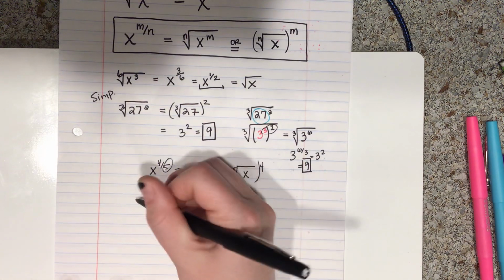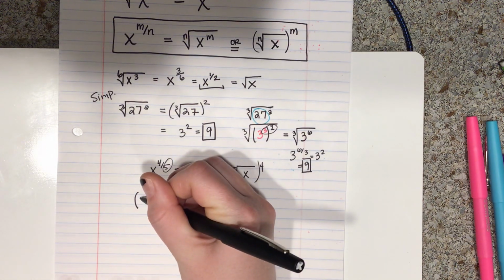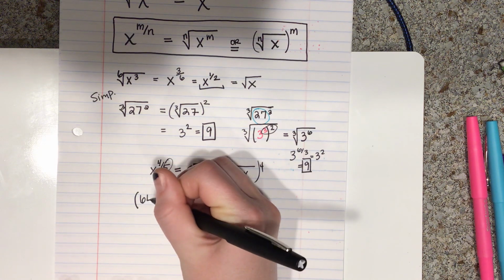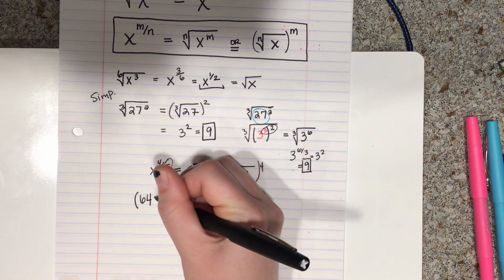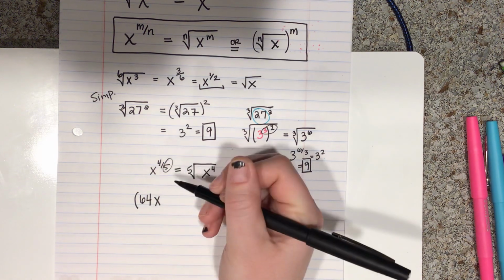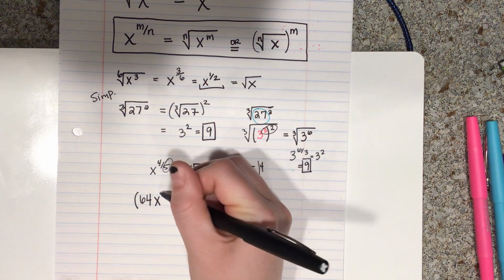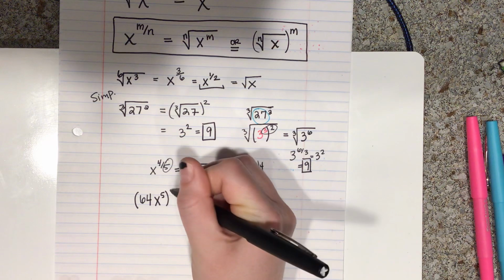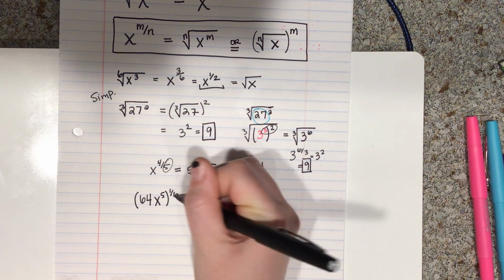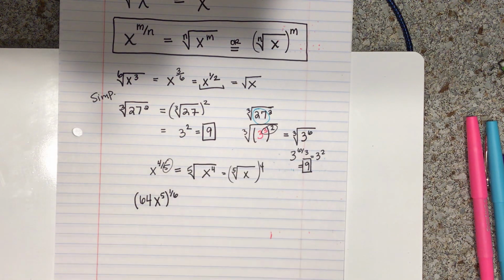So say I gave you, though, 64x to the 5th raised to the 1/6.